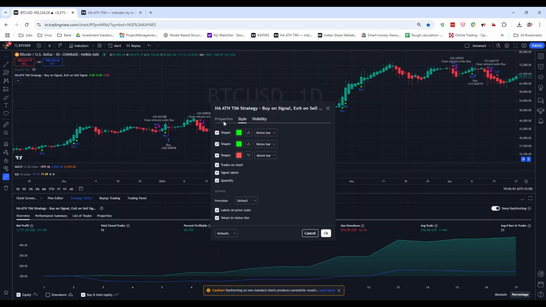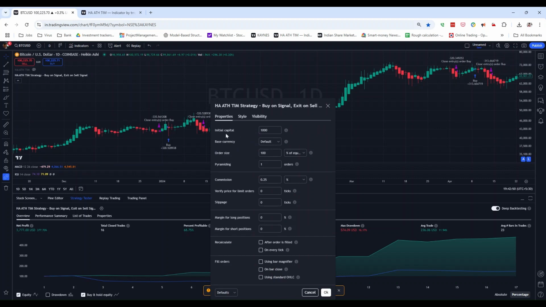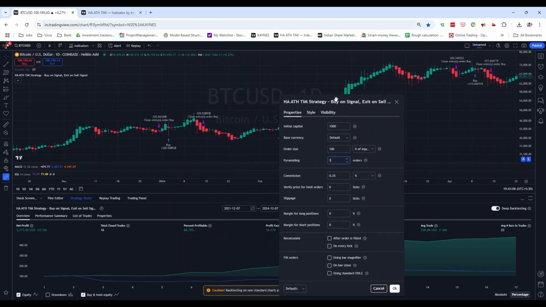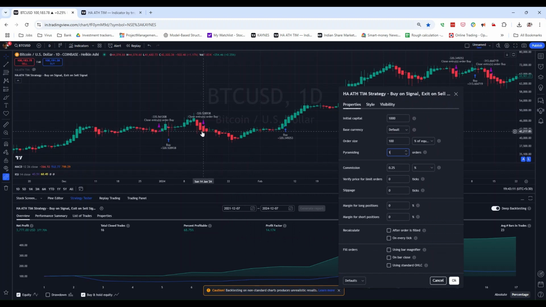What I have done is I have just removed these styles, so you can see only the buy and sell signals, and you can see here I have kept an initial capital of 1000 USD, and I'm going to invest 100 percent of that 1000 USD when there is a buy signal, and I'm going to use only one buy when there is a buy signal, and I'm going to sell when there is a sell signal. I'm going to hold it in cash. So it is a long only strategy I'm going to follow.